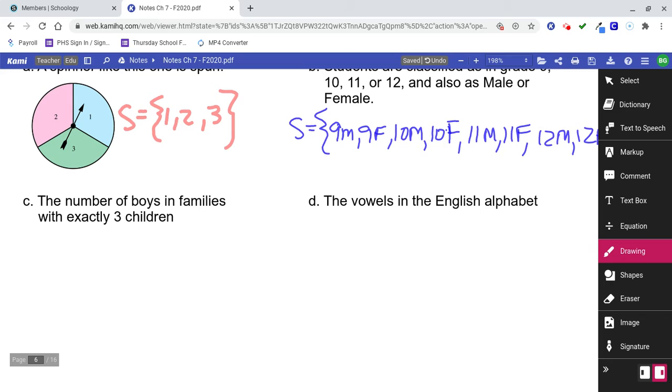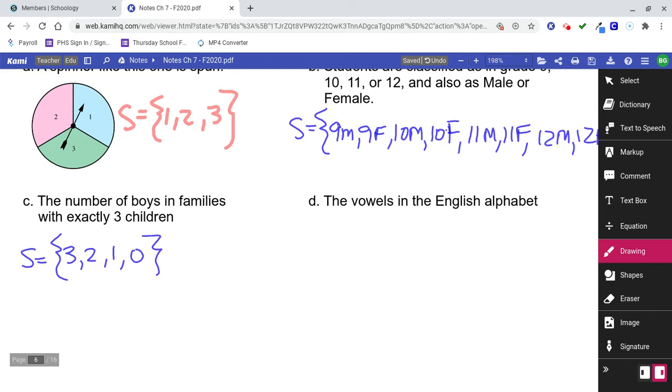Part C, we're doing the same thing, sample space. The number of boys in families with exactly 3 children. I think this one's kind of weird, but if you have 3 children, how many of those children might be boys? 3, or 2, or 1, or 0.